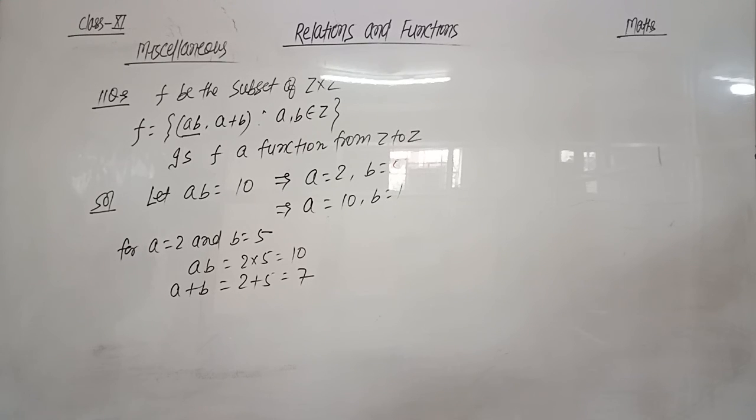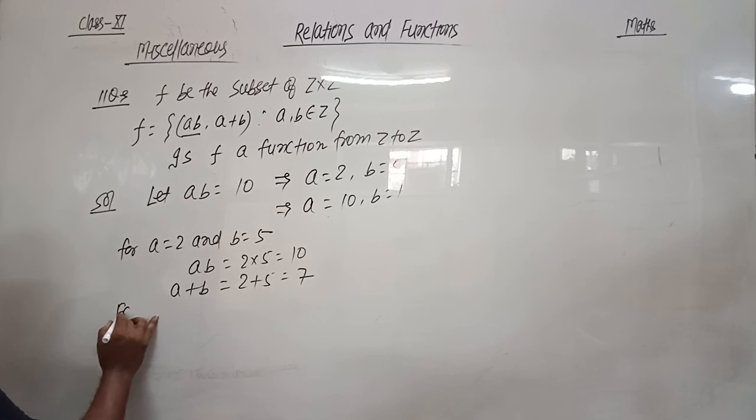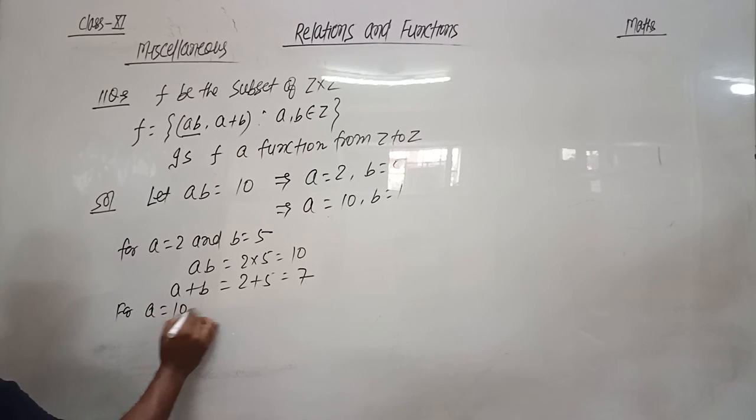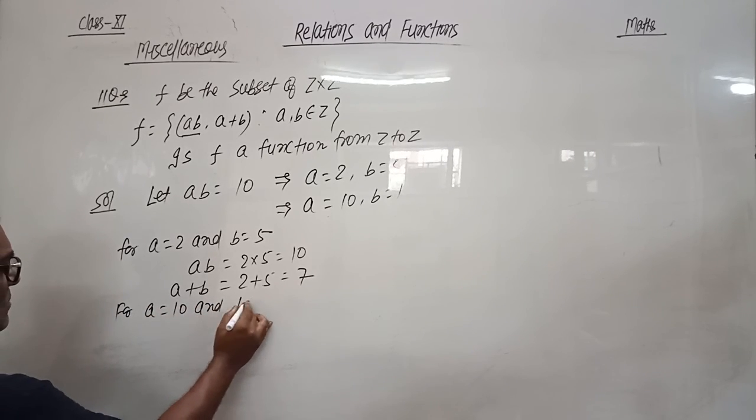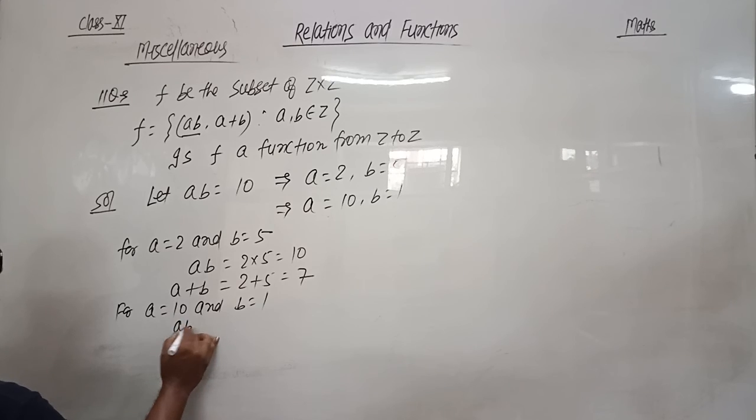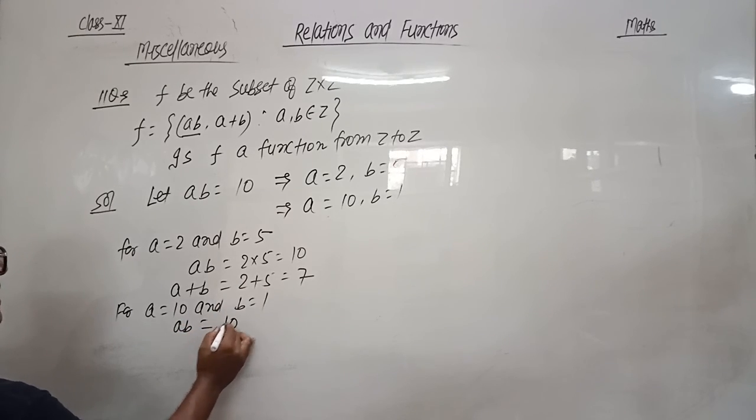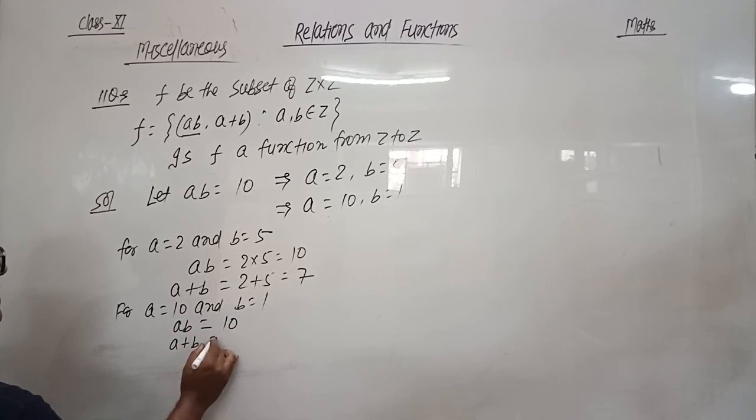Now for a equals 10 and b equals 1, the value of ab comes to be 10 and the value of a plus b comes to be 10 plus 1, which is 11.